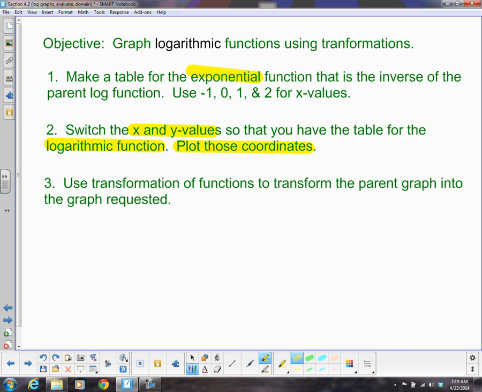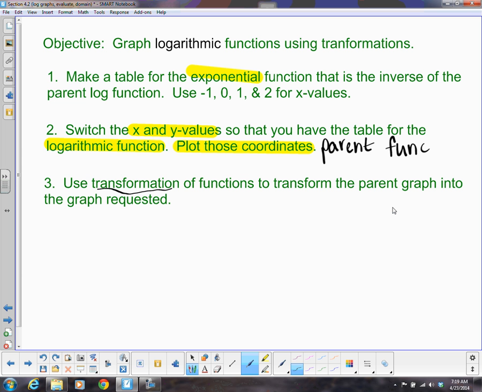So at this point you have what we call the parent function. And from here you all know what to do. Then you use transformations to transform the parent graph into the graph requested. And you all have had practice already on doing the exponential table and then finding the logarithmic table.